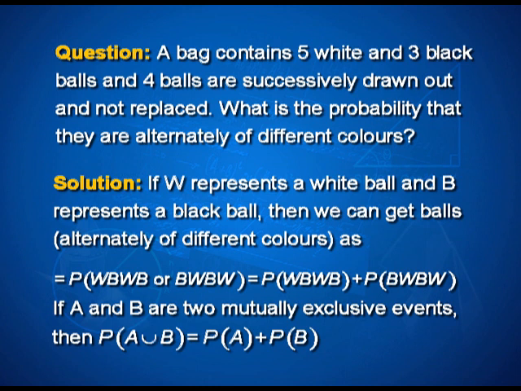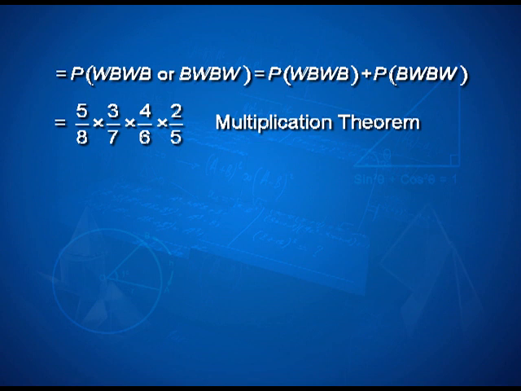Further, probability of white black can be written as the product using the multiplication theorem: the product of probability of a white ball, which is 5 on 8, and probability of a black ball. There are 3 black balls, but the balls are not replaced.